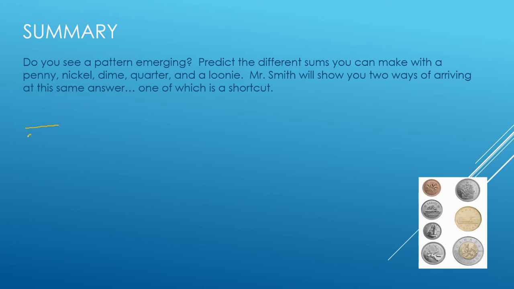If I'm going to make a sum of money, I can take no coins, find the number of ways to take no coins, and then find the number of different sums I can make with 1 coin, and then the number of sums I can make with 2 coins, and you can see where I'm going here. With 3 coins, the number of sums I can make with 4 coins, and in this example, we have 5 coins.